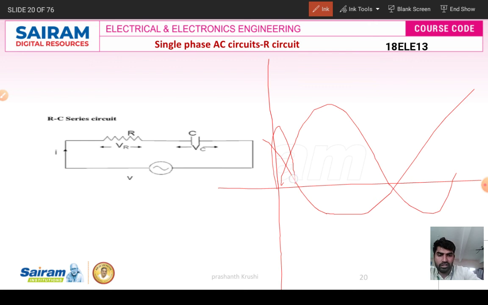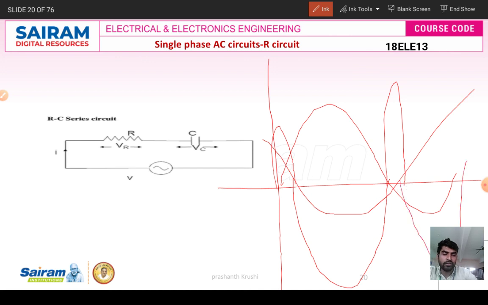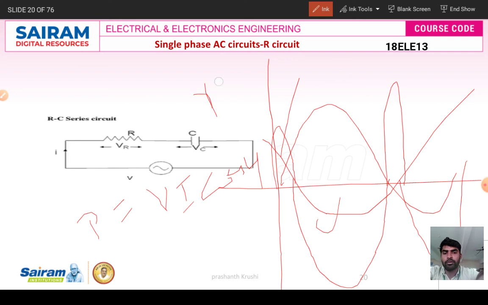Positive voltage with negative current gives negative power. So this power is not equal to this power, so we got power is equal to VI cos phi. This is the power, voltage and current waveform, right? Thank you.